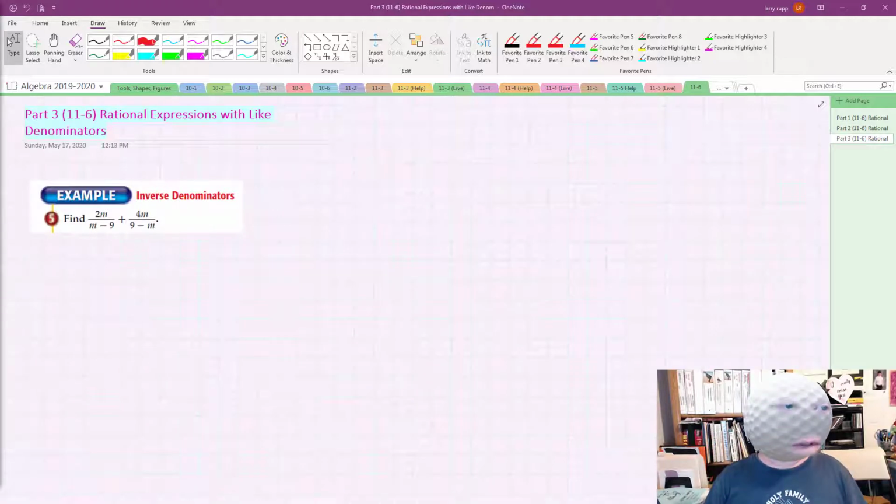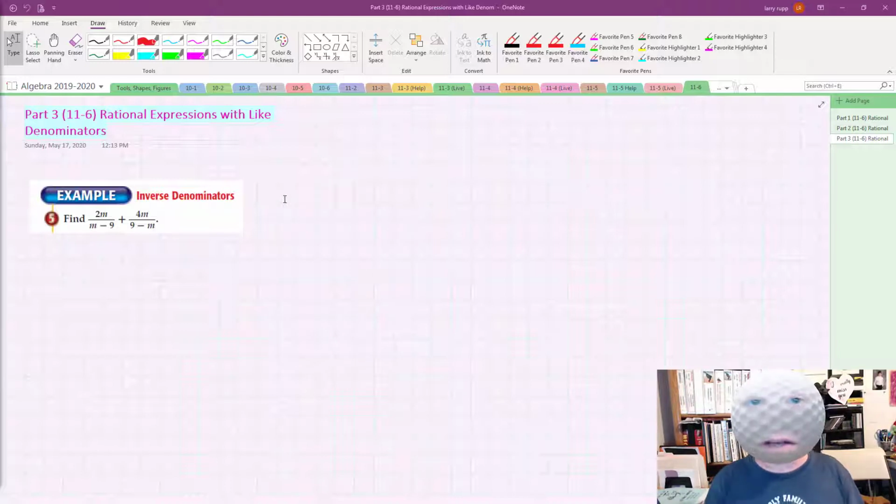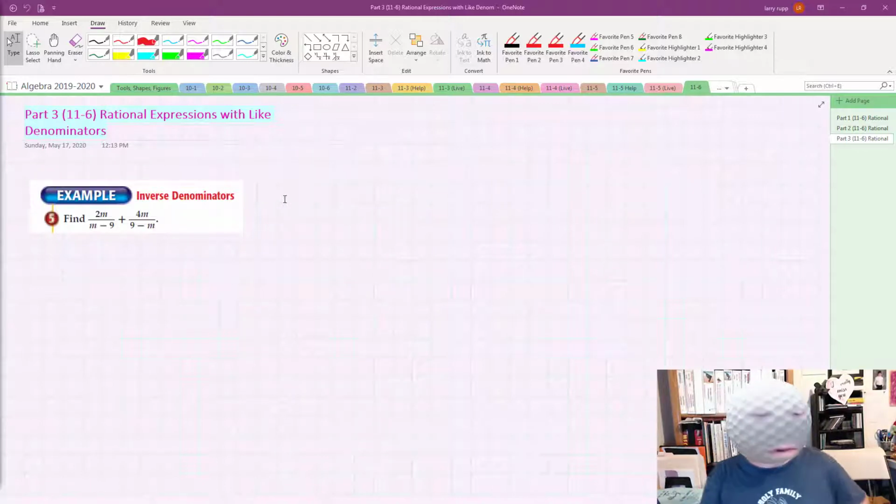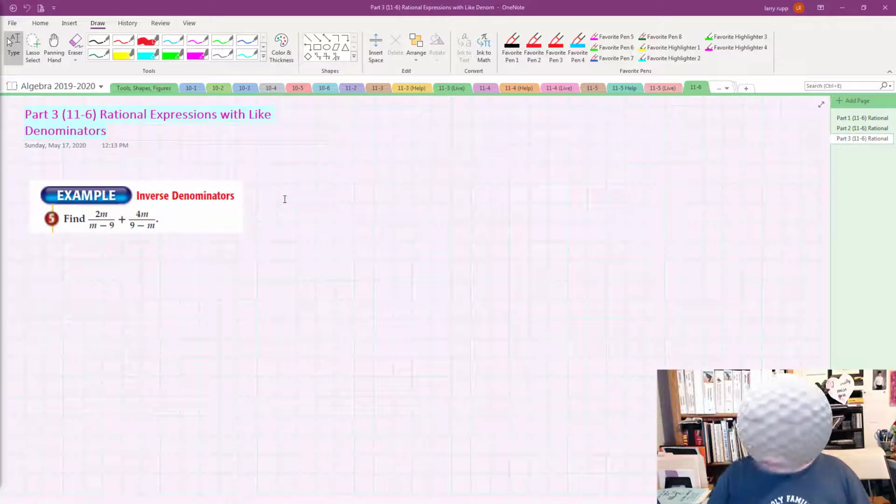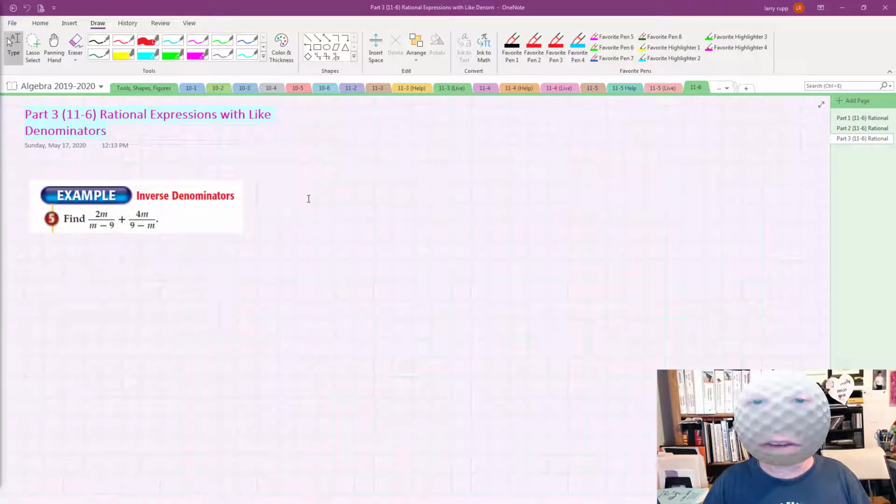So, what happens if you have inverse denominators? All right. This is why we talked about additive inverses just previously, because you're going to need to employ that here in order to solve these.